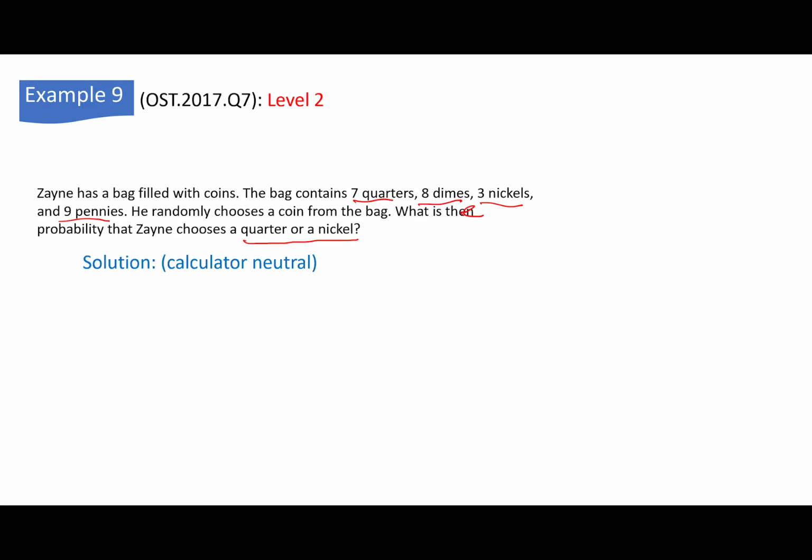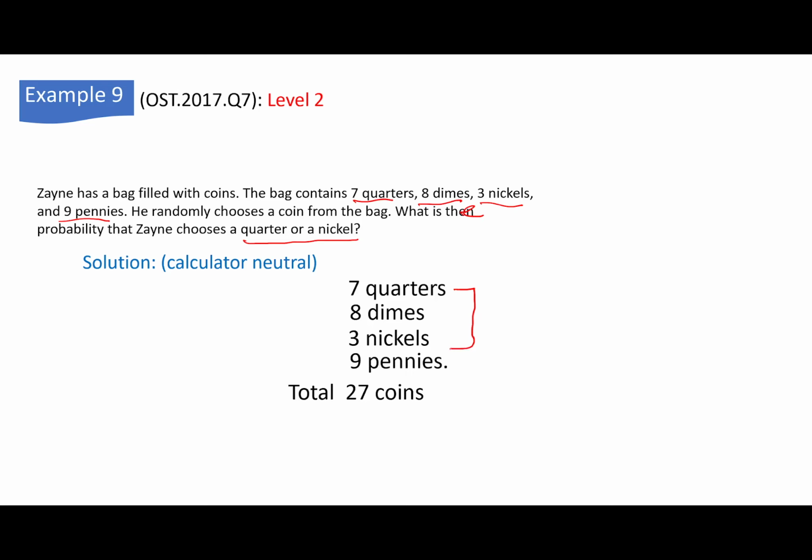So let's put the information here: 7 quarters, 8 dimes, 3 nickels, and 9 pennies. Total, make sure it's 27. Quarter or nickel, that's 7 plus 3, 10 out of 27. 10 divided by 27.